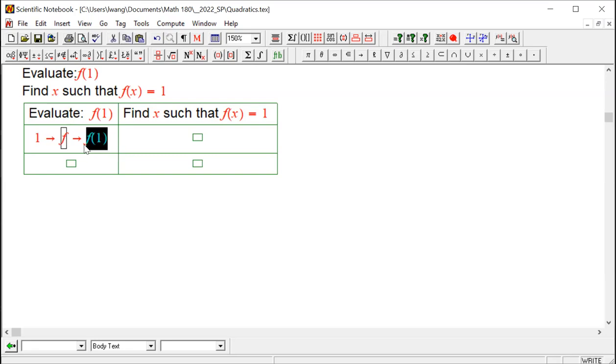So f of 1 is the output. The first question is asking for the output. The second question is that we know the output. It tells us f of x is the output, and the output is 1. You can see that's fundamentally different.